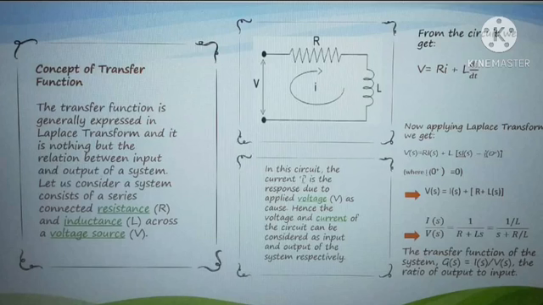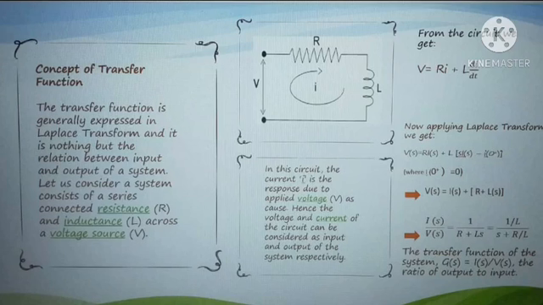Concept of transfer function. The transfer function is generally expressed in Laplace transform, and it is nothing but the relation between input and output of a system. Let us consider a system consisting of a series connected resistance R and inductance L across a voltage source V. In this circuit, the current I is the response due to the applied voltage. Hence, the voltage and current of the circuit can be considered as input and output of the system respectively.